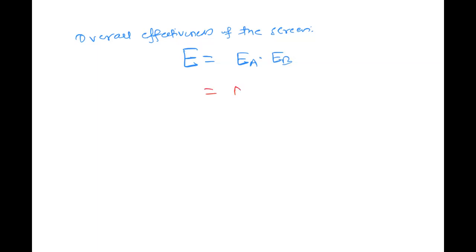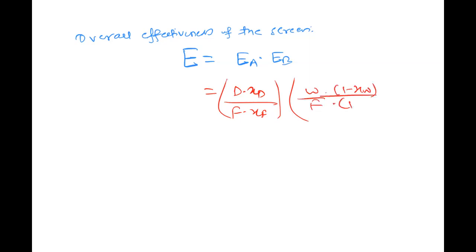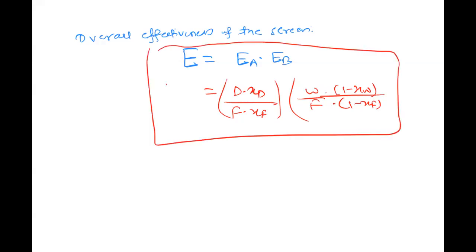What is EA? That is D into XD divided by F into XF. And what is EB? That is W by F into 1 minus XW divided by 1 minus XF. So I hope this is clear to all of you. This is the overall effectiveness of the screen.